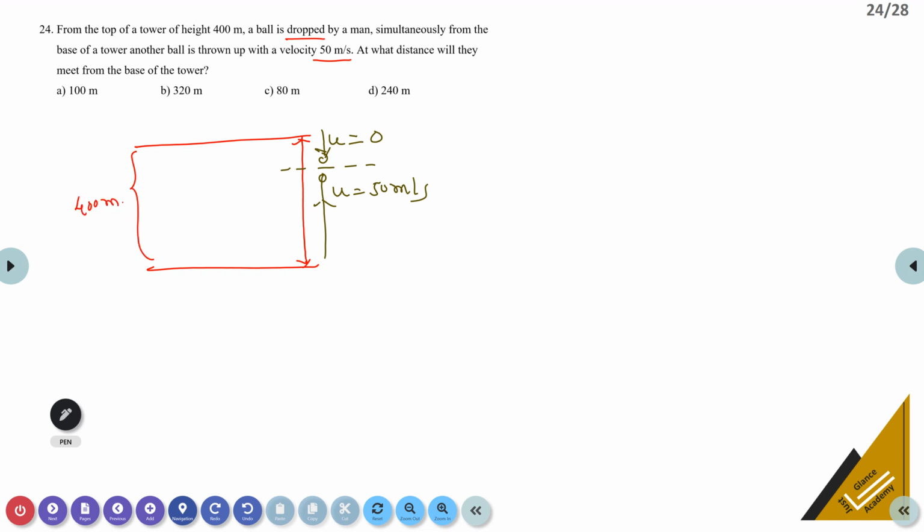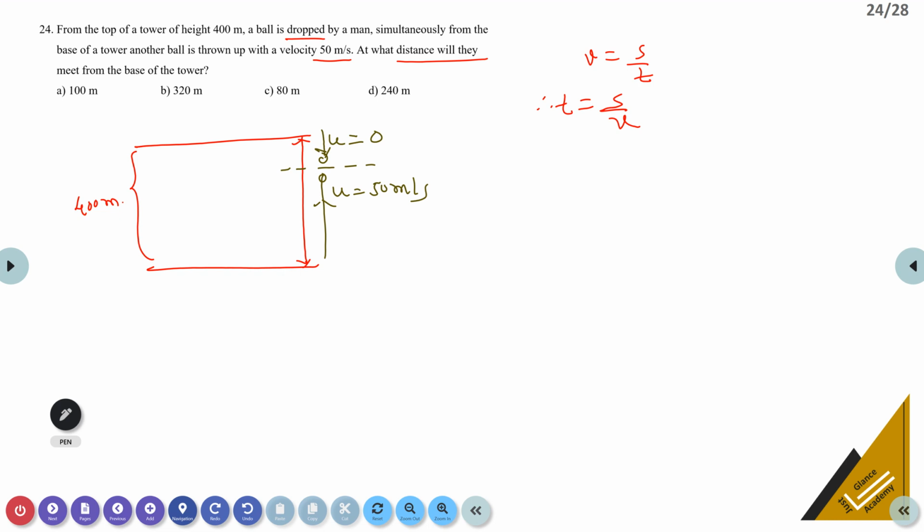What is the height of the tower here? 400 meter. Read the question: at what distance will they meet from the base of the tower? First I have to find where they will meet, after what time they will meet. It is based on relative velocity. Velocity equal to distance by time, therefore t equal to s by v.